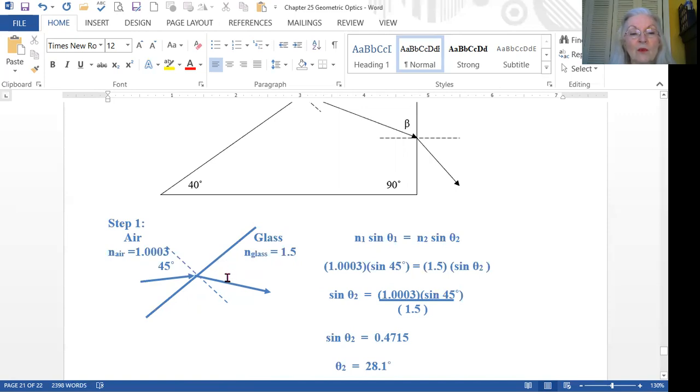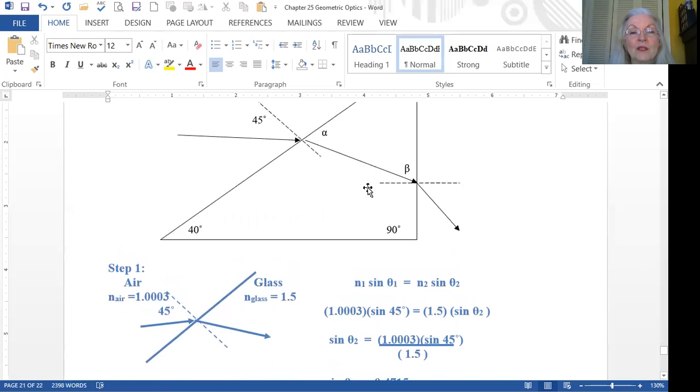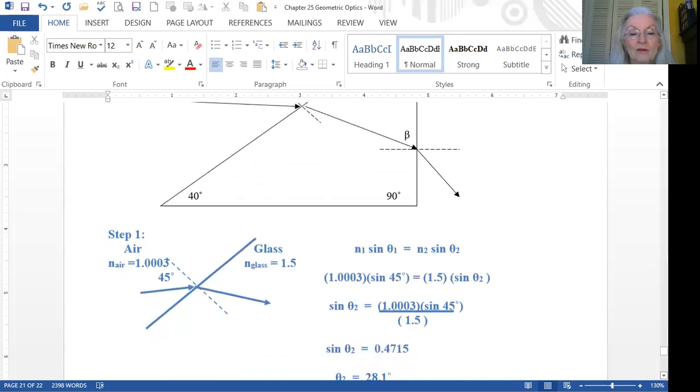Well, if you'll notice from the picture, the two angles, the one we just found, the 28.1 degrees, and the one we need add up to 90 degrees. So I can take 90, subtract 28.1 from it, and have this little angle right here. And if you look back in our diagram, you will see that that little angle I'm going to solve for is alpha. We're going to find alpha from our original picture.